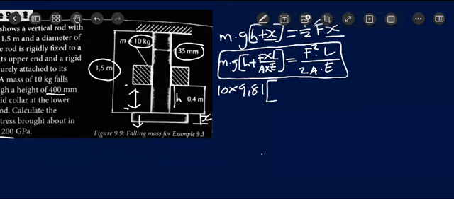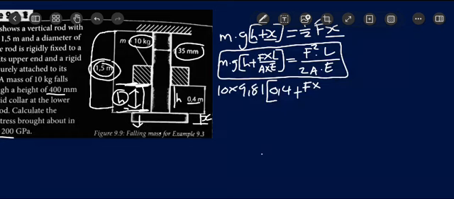Height h is the height between the circular collar and the support, which is 0.4, plus the force. We don't know the force, but this L is the total length, which is 1.5, divided by the area.